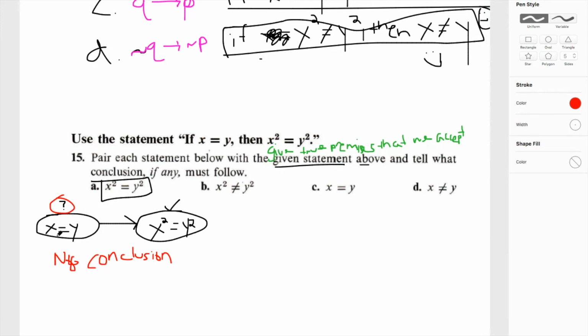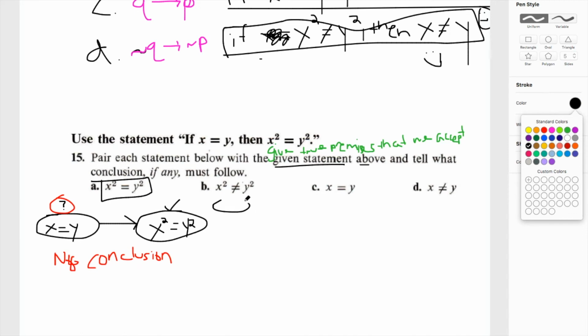So x equals y is sufficient to making x squared equals y squared a known fact, but it is not necessary, right? There are other ways you can get x squared equaling y squared where the hypothesis isn't actually true. So yeah, no conclusion here.